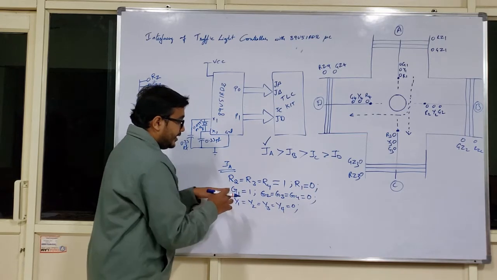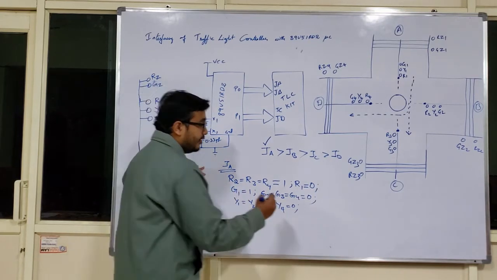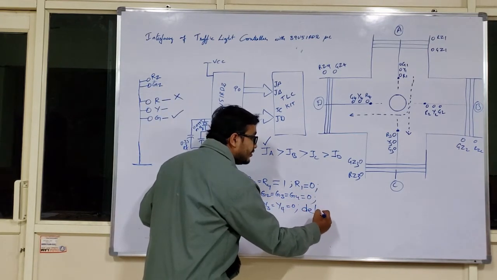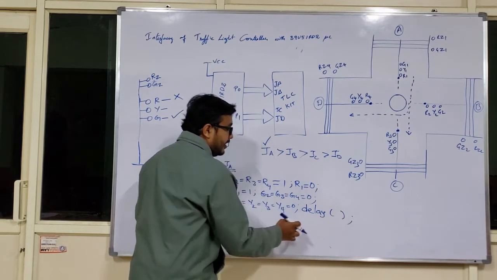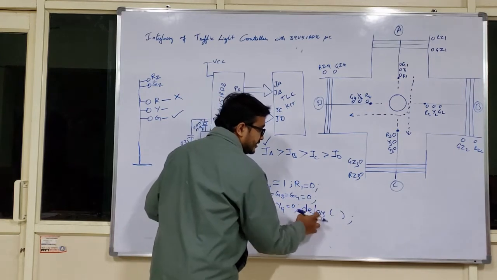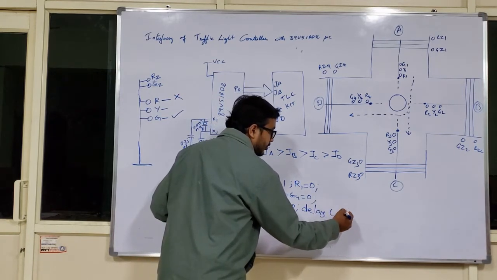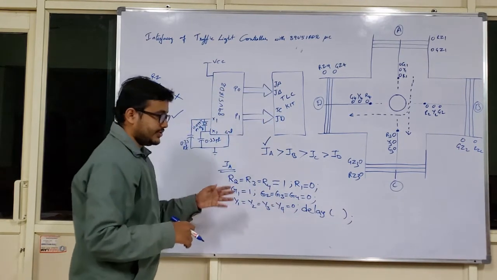The green light will be logic 1 for a certain amount of time. For this amount of time, I am calling a function called delay.